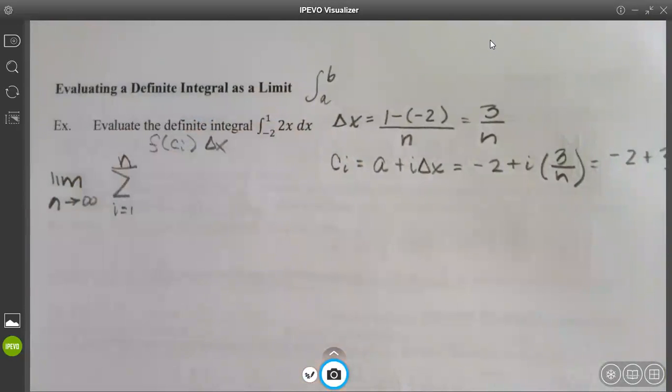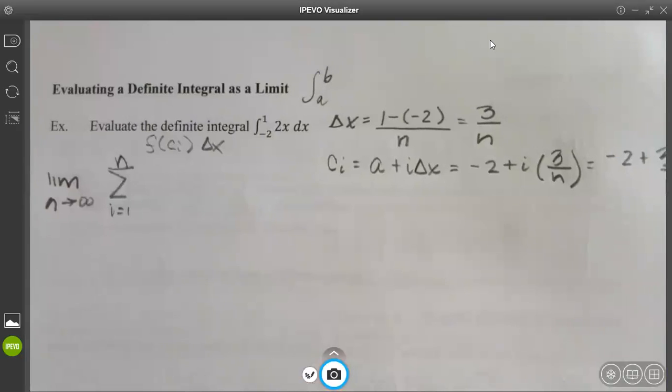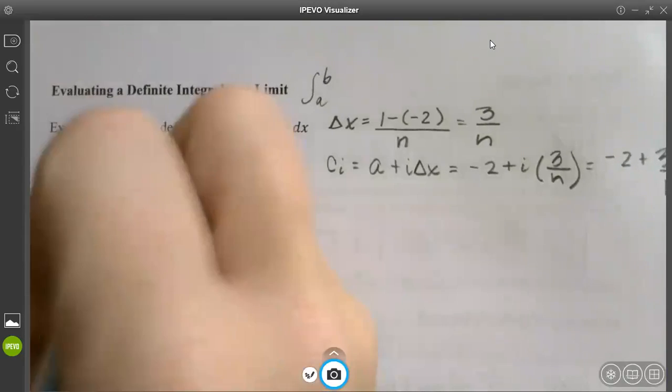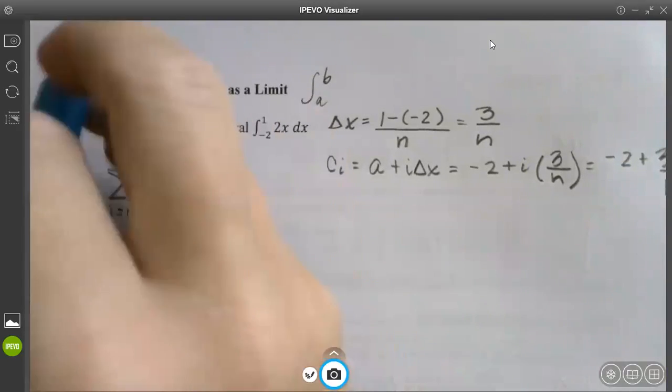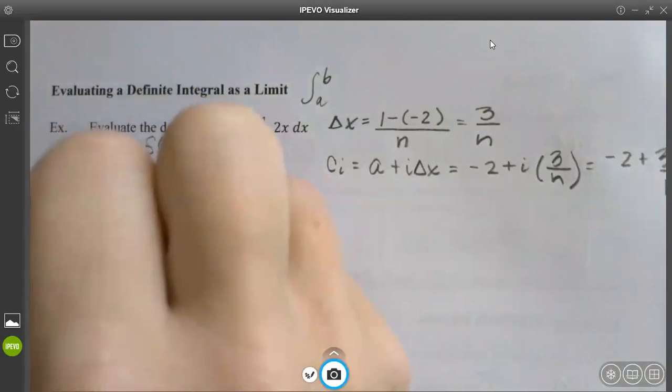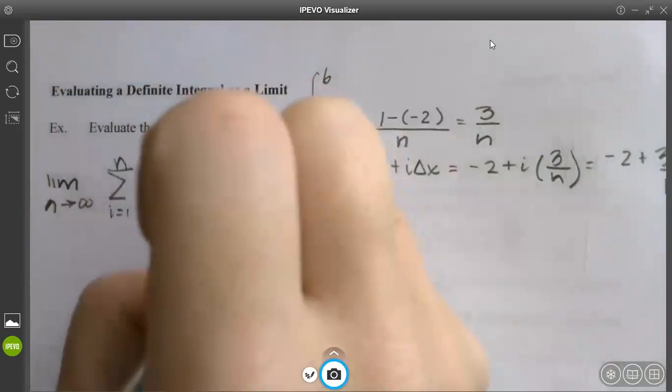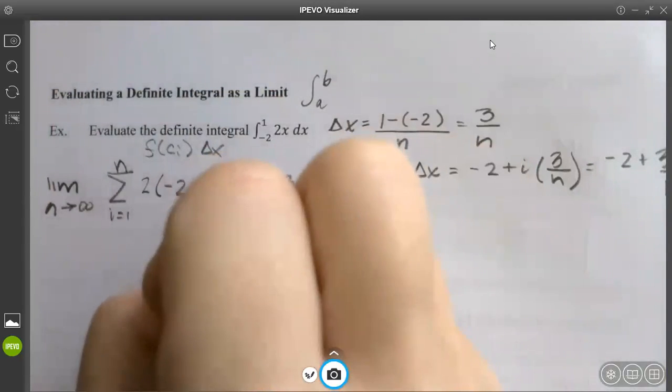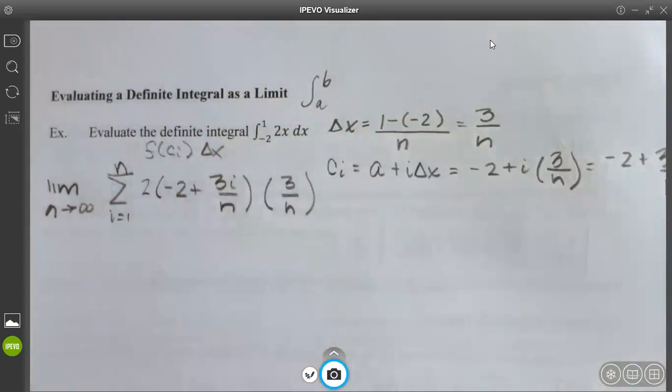So that means plug our CI into our function. So what is our function? 2x. So we're going to plug in 2 times -2 plus 3i over n. And then we're going to multiply it by delta x, which was 3 over n.